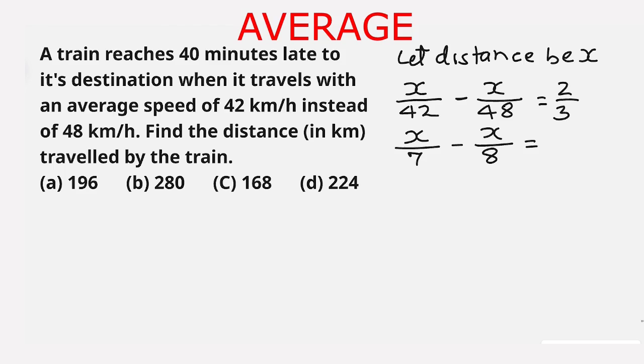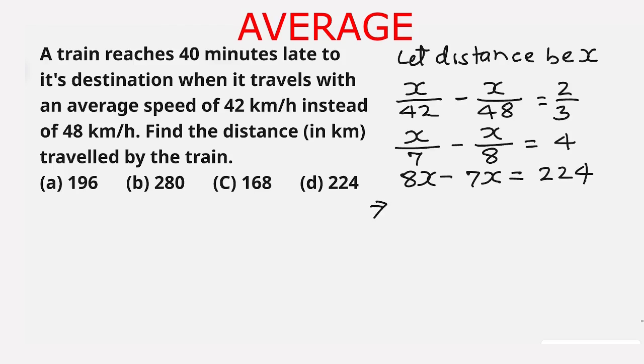So it will be 2 times 2 is 4. Now we multiply both sides by 56, because 7 times 8 is 56. So this will be 8x, as 7 cancels 56 for 8 times, minus 7x, as 8 cancels 56 for 7 times, equal to 56 multiplied by 4 is 224.